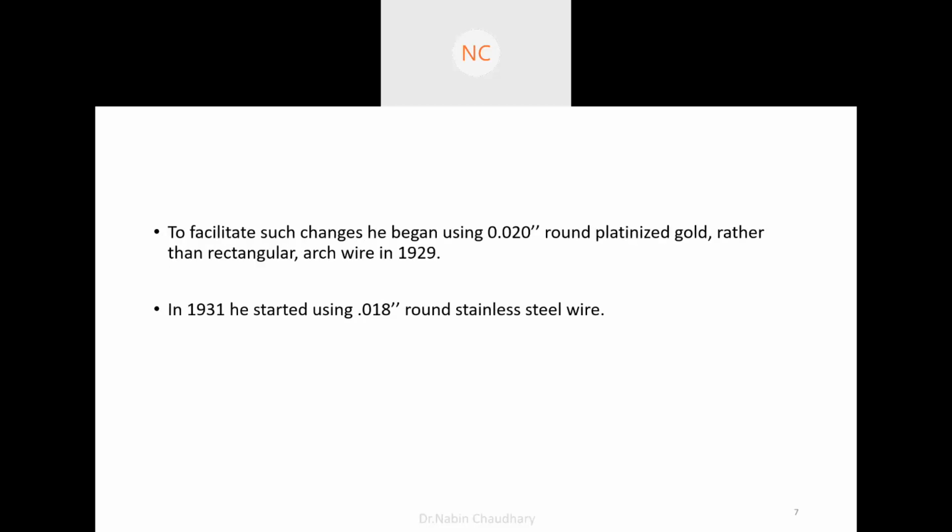To facilitate such changes, in 1929 he began using 0.020 round platinized gold wire rather than the rectangular archwire used in the Angle edgewise slot. And in 1931, he began utilizing the 0.018 inch round stainless steel wire.